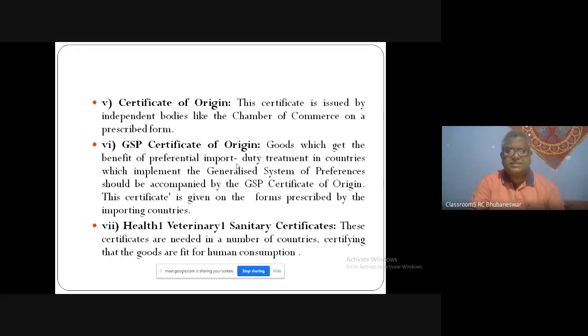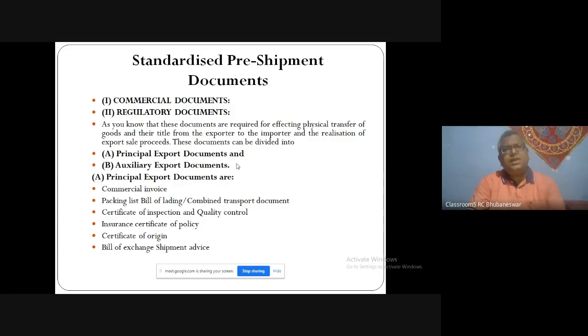Generalized certificate of preferences means these relate to import duty treatment of the countries, and a prescribed form is there. As well as that, if you talk about standardized pre-shipment documents, they are required at the time you send goods through a ship.